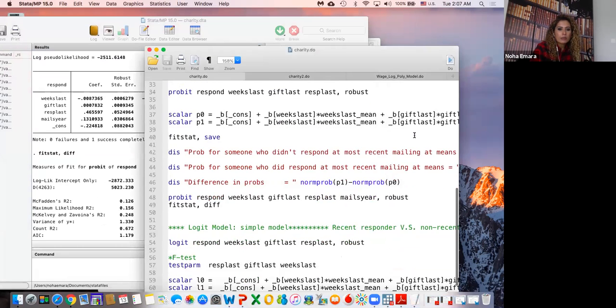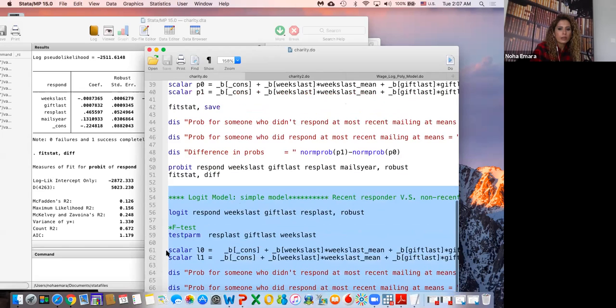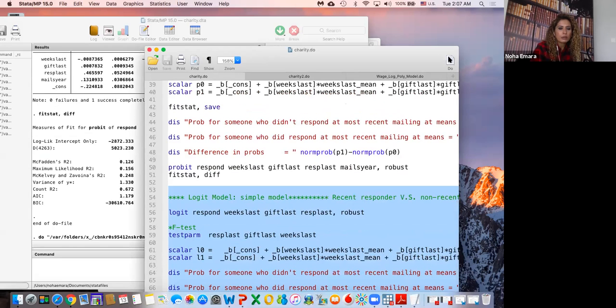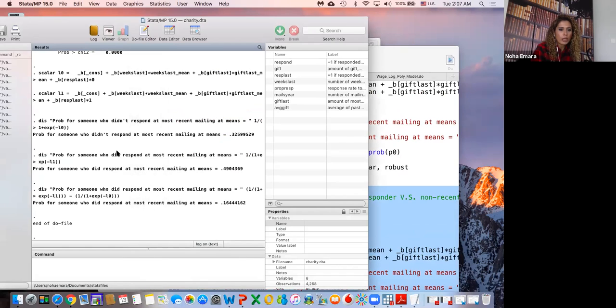Next, we can repeat for the logit model, right? Just repeat, different probabilities computed. And again, you can see here that the probability that the person responds, given that he did not respond at the most recent mail, is 32.60 approximately.